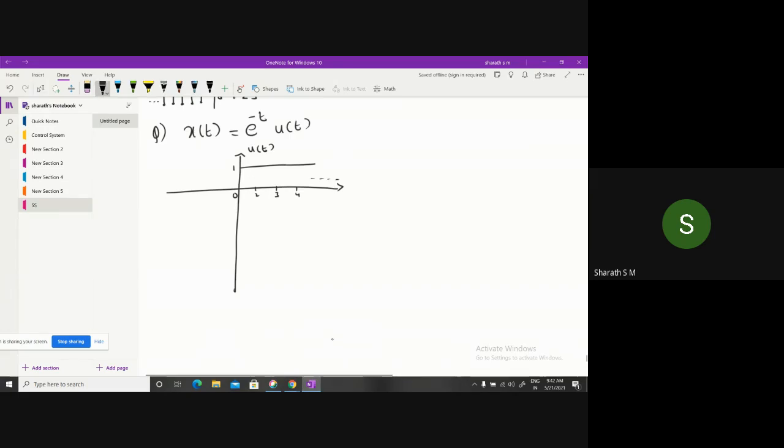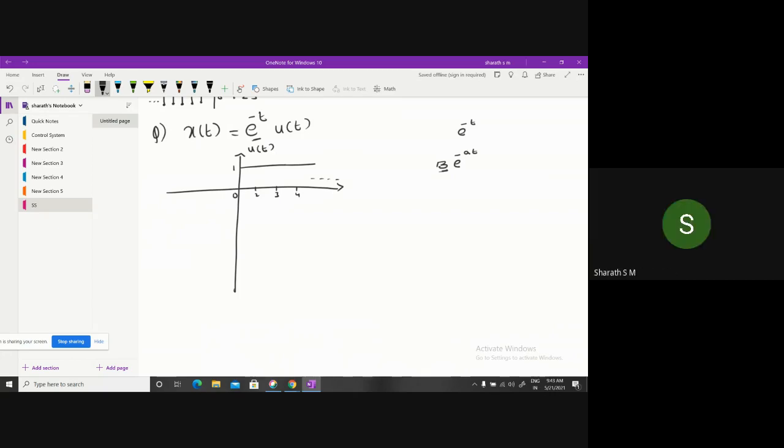So this is the u of t signal. Here we have an exponential signal as e power minus t. All of you just check the elementary signals that we have written. In general format, that is b into e power minus at. What's the value of b in e power minus t? 1, sir.